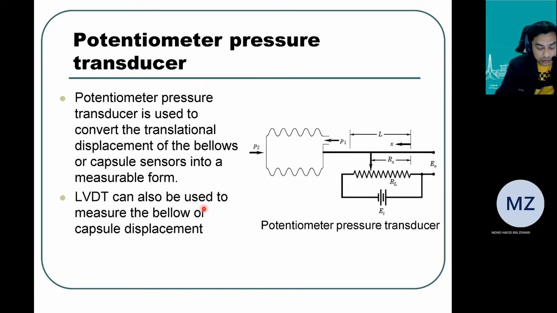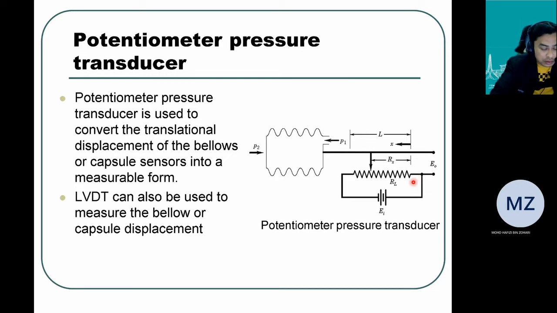The motion of the arm here will give variations in terms of voltage output. So it's related linearly with the motion. It's actually straightforward. The motion of the bellows or capsule will give variations to the electrical signal in this potentiometer pressure transducer.